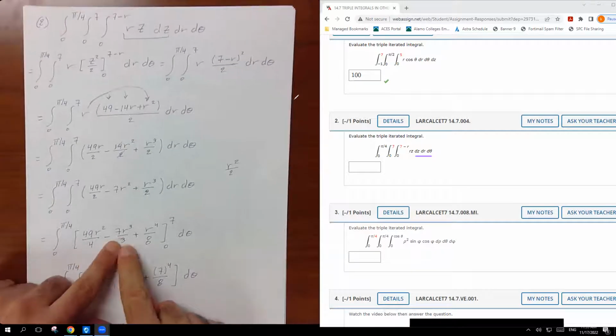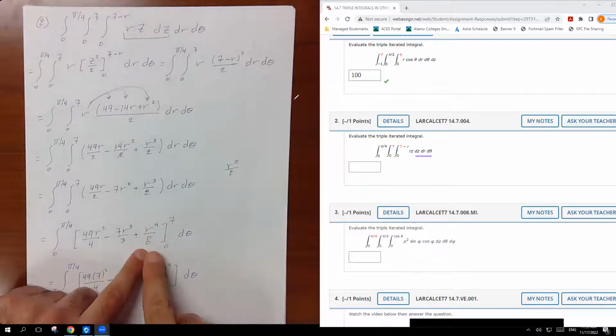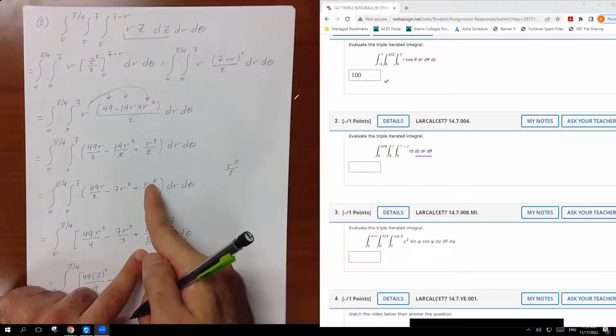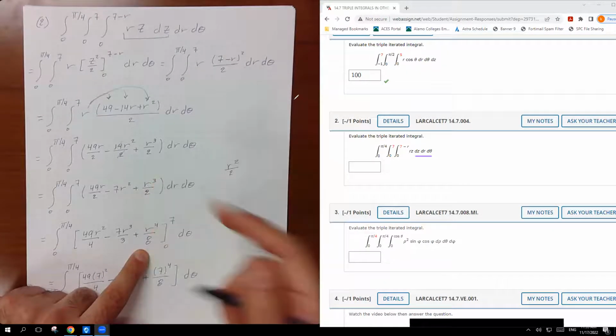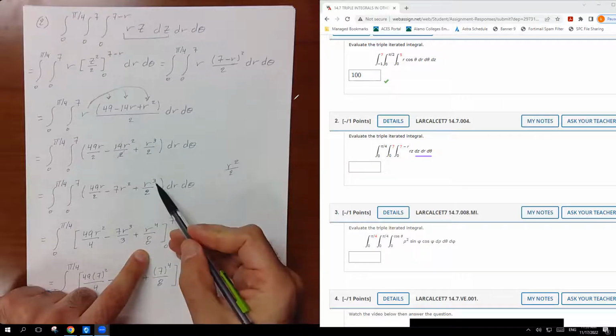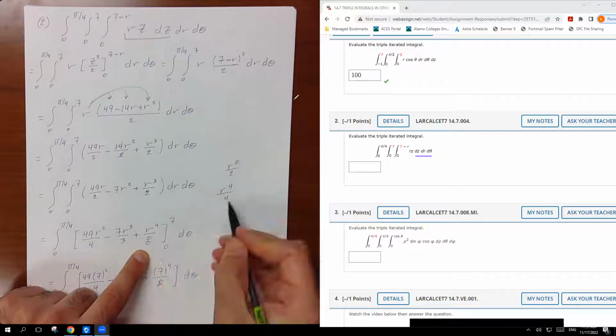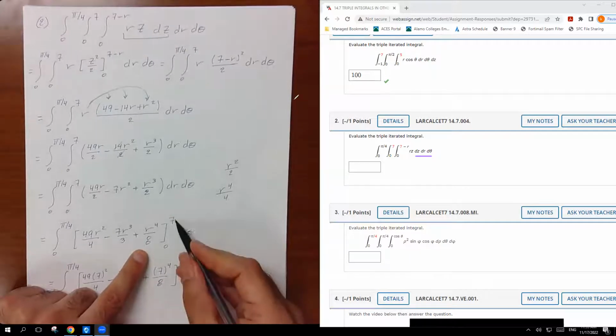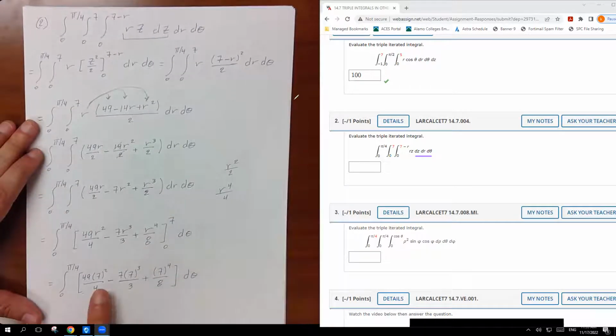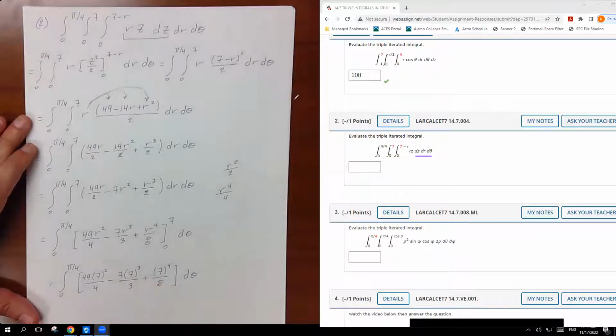The same thing here, it's going to be 7r cubed over 3, plus r to the power 4 over 8, because r cubed integrates to r to the 4 over 4, and 2 times 4 is going to be 8, from 0 to 7. Let's plug in the 7. Because the lower limit gives 0, it's going to be 49 times 7 squared over 4 minus 7 times 7 cubed over 3 plus 7 to the power 4 over 8.